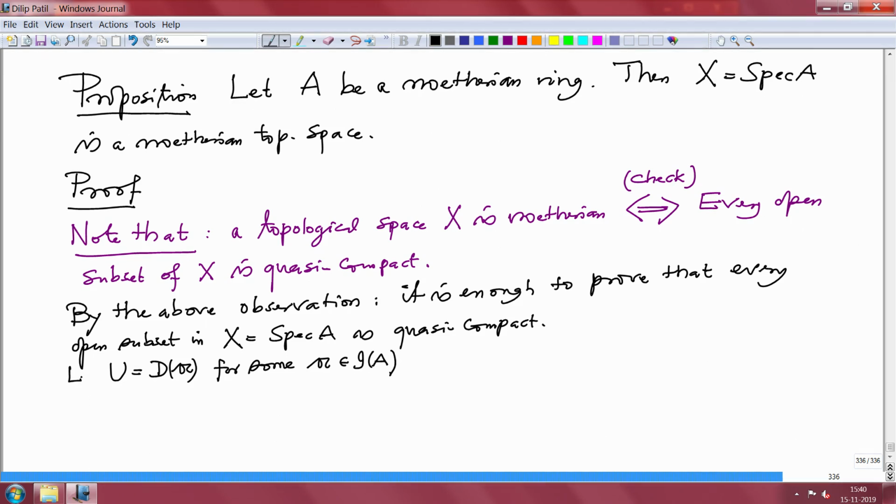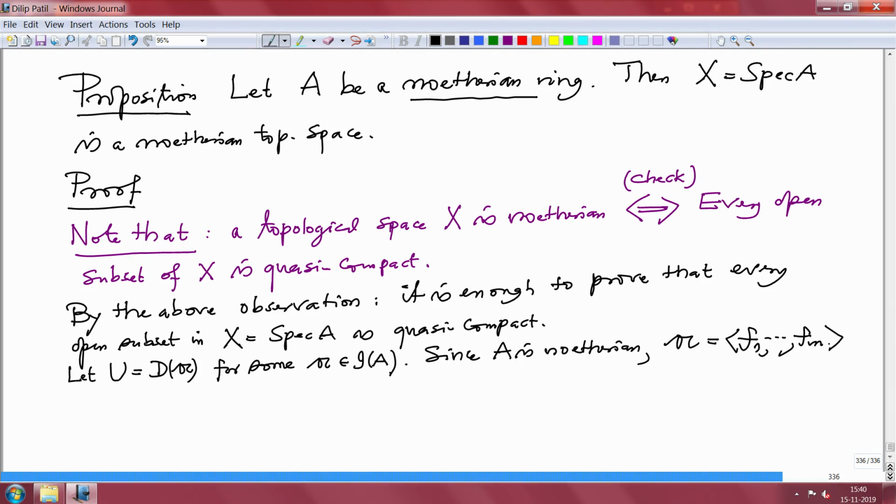So let this be an open subset, and I want to prove that U is quasi compact, but our ring is Noetherian. So since A is Noetherian, a is finitely generated. So that means a is generated by finitely many elements f_1 to f_m. And what is D(a) then?